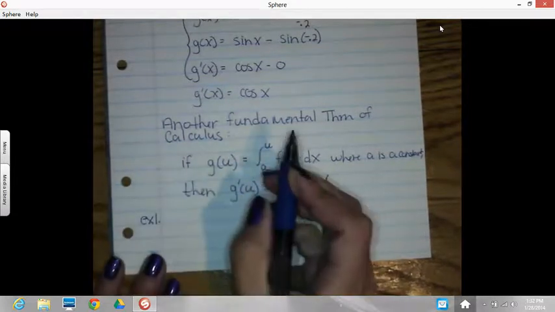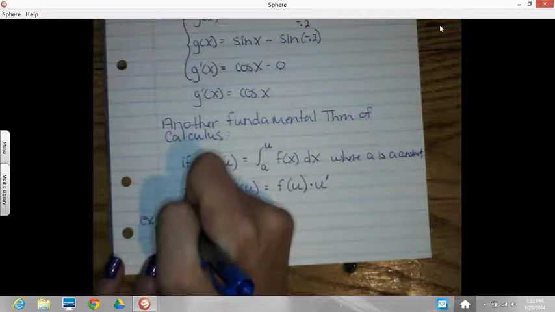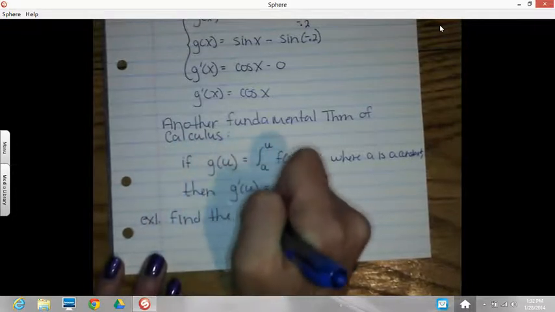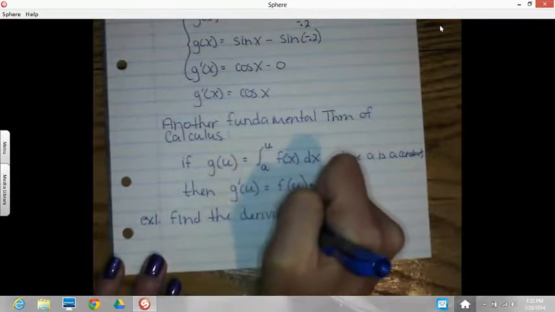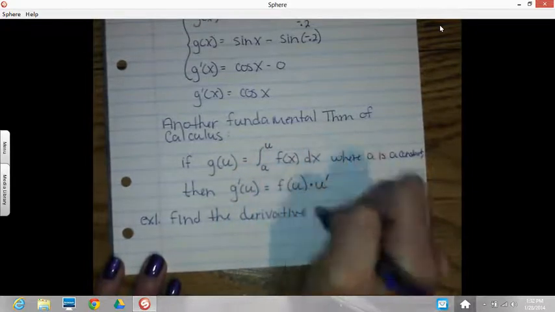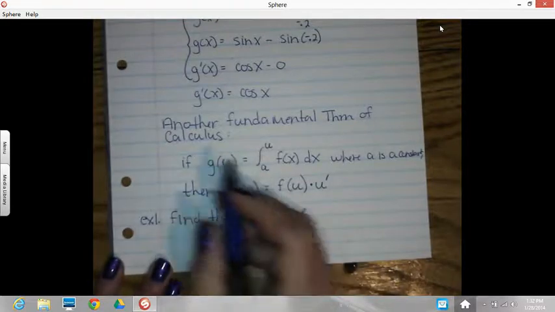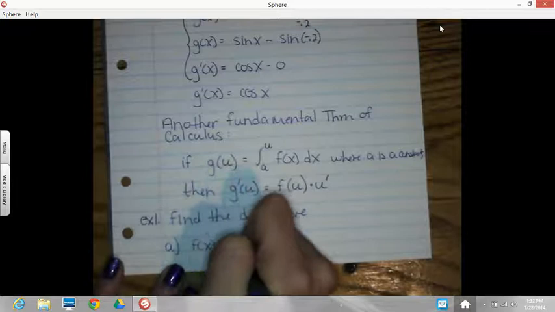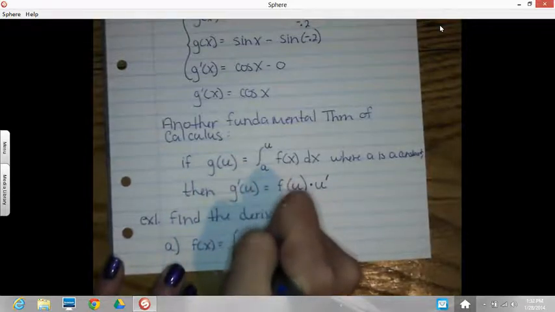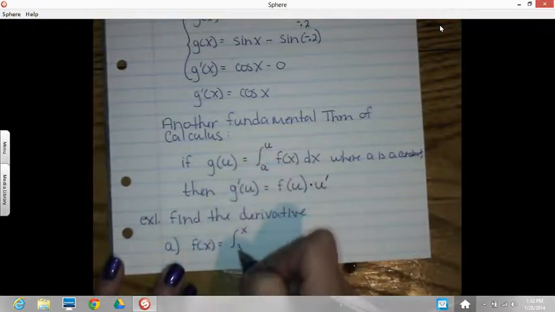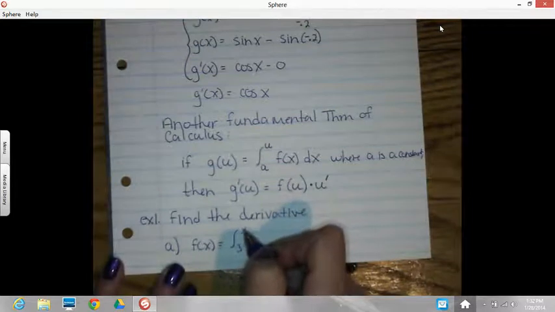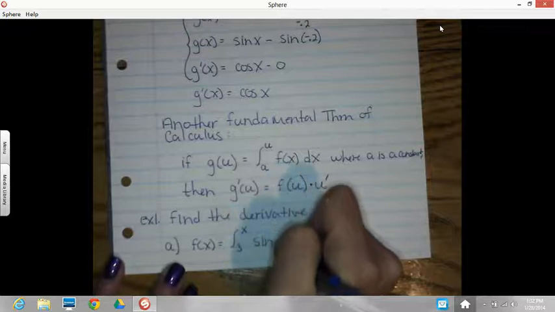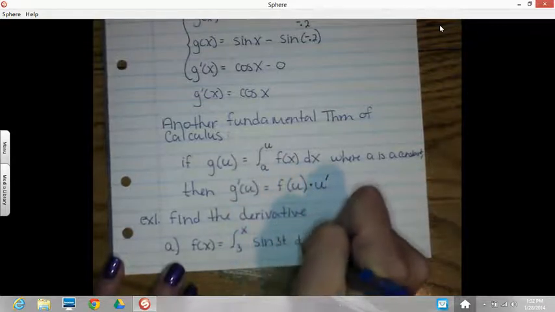So here we go. We're going to find the derivative. So notice the directions are find the derivative. If f of x equals the integral from 3 to x, so we've got our constant to our variable, of sine 3t dt.